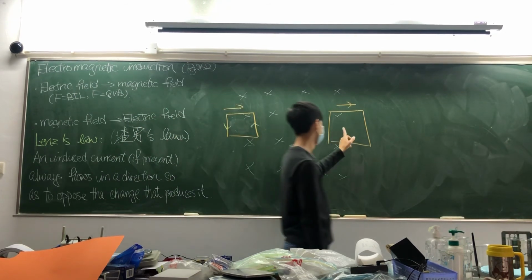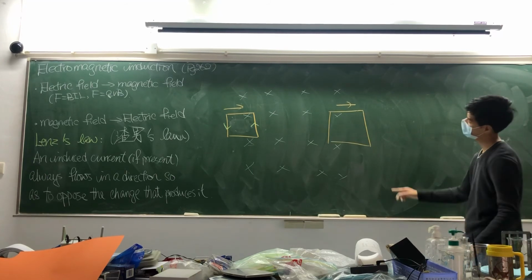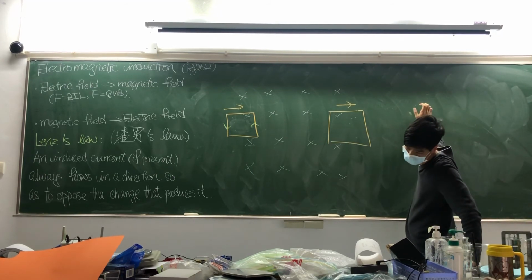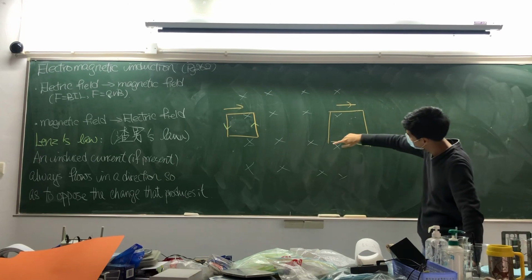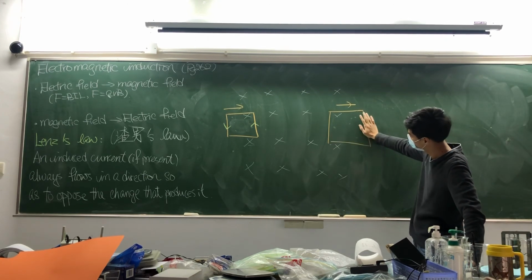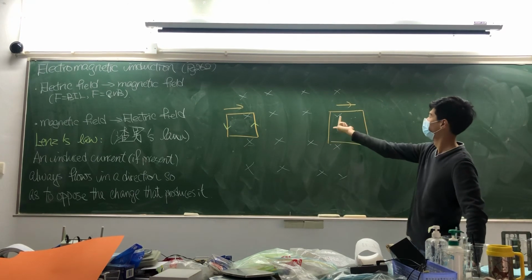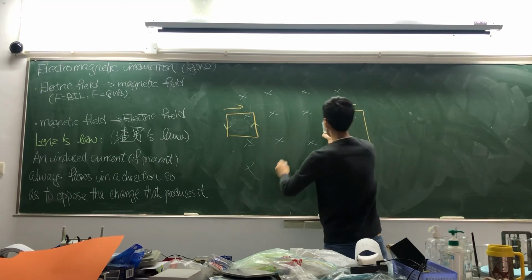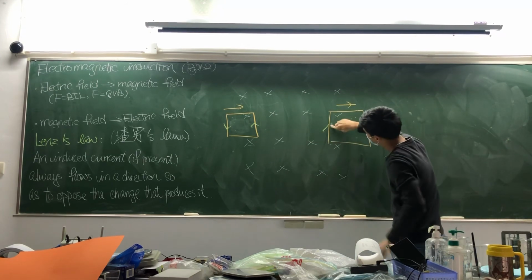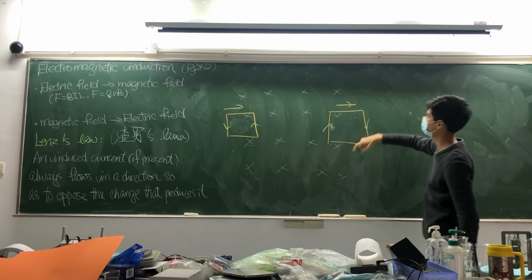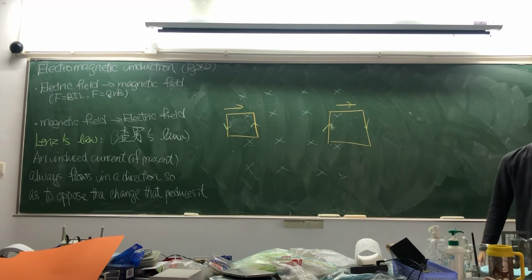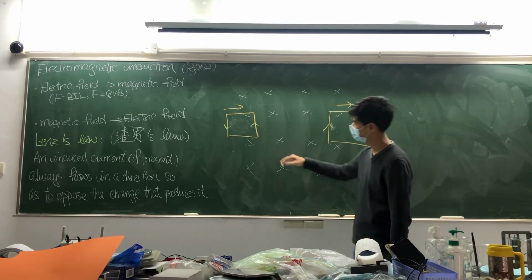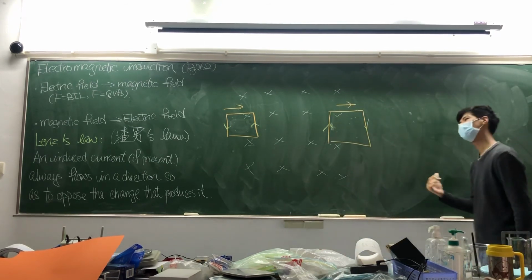For this one, the loop is now moving out, right? So this end is inside the magnetic field, but not this one. So let's see this one. VBI, the current is going upward. If we complete it, then it is clockwise. So actually, you can solve both situations using Lenz's law or the right-hand rule.